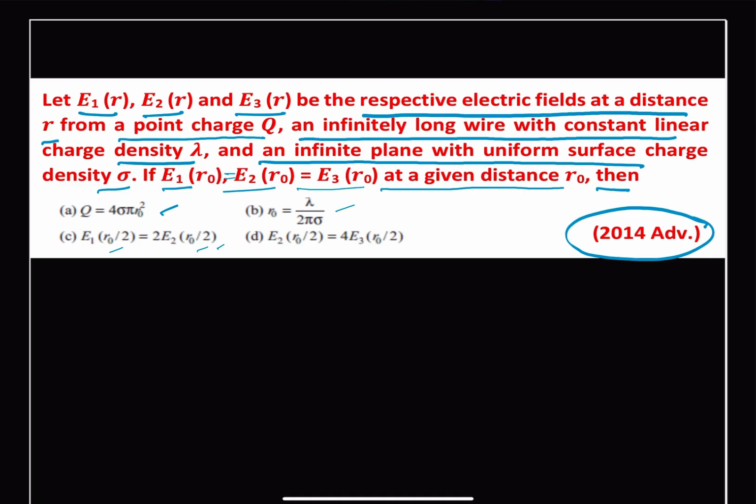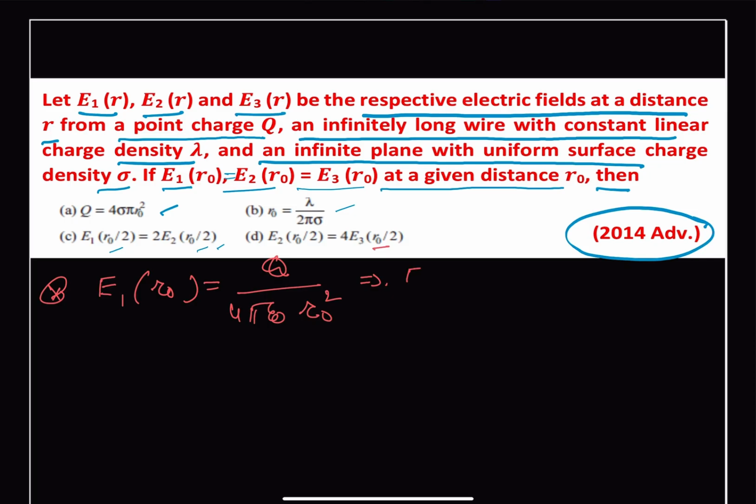So we can write that our E1 electric field at R0 will be equal to Q divided by 4 pi epsilon naught R0 square. But in the options it is R0 by 2, so we can convert it.